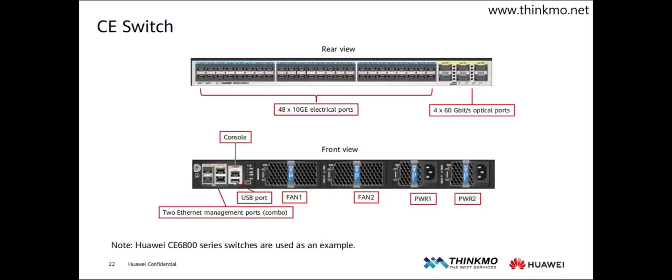If we are in a normal Ethernet environment, generally we use CE switches more often. We will introduce another type later. The CE switch is mainly used in Ethernet environments, and it has 48 ports. These are the interfaces with four 60G optical ports.